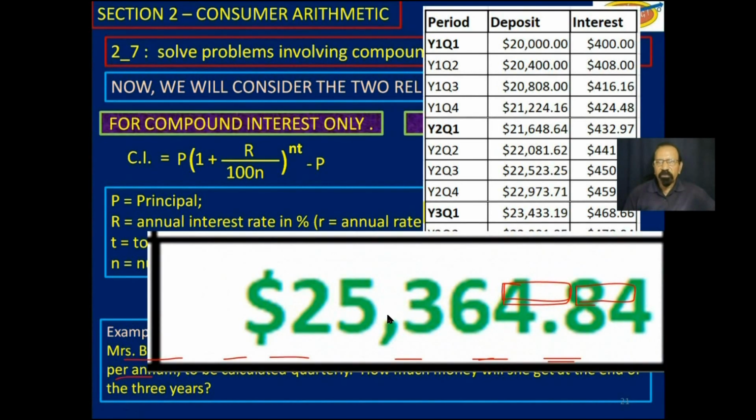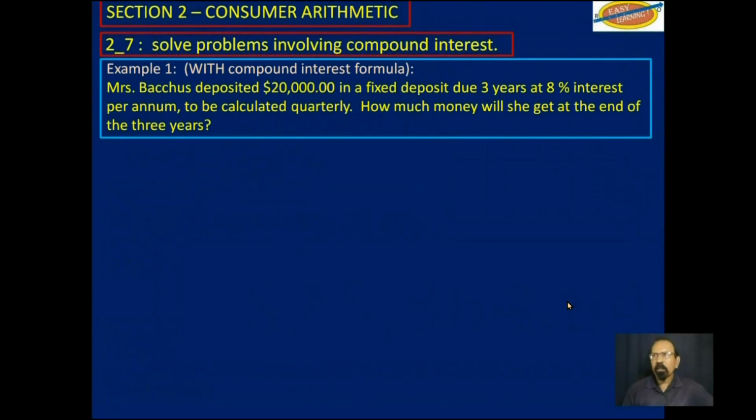So $25,364.84, that is the amount she will get. Now we are going to do that, but this time we will do it with the compound interest formula. And this one over here is for the amount. We will deal with that after we finish with compound interest.